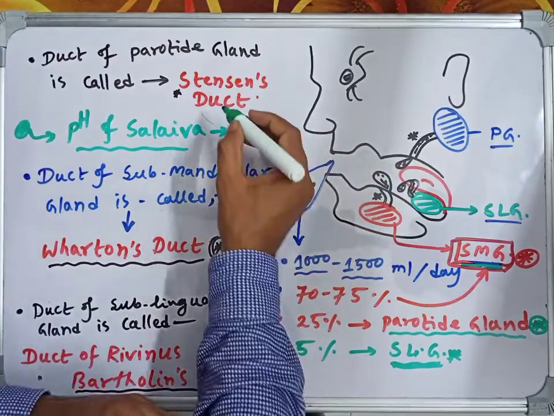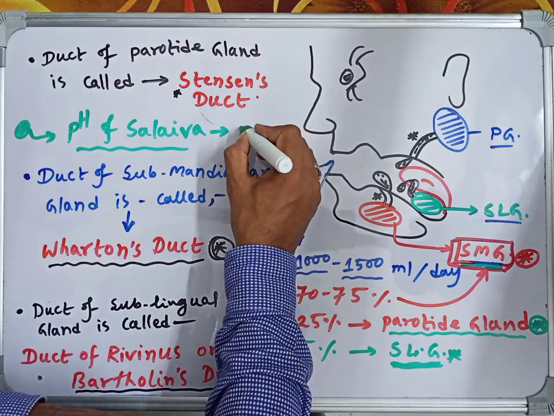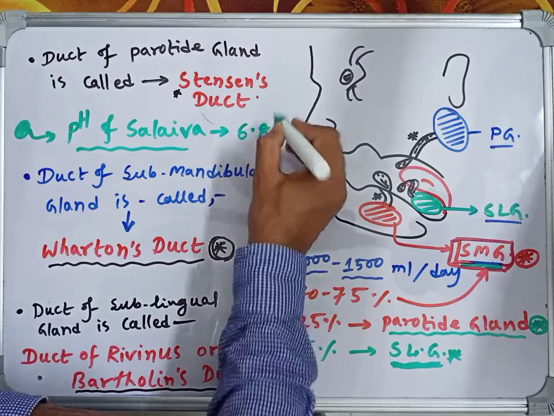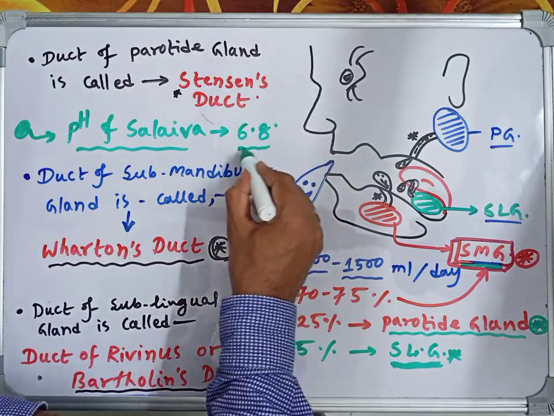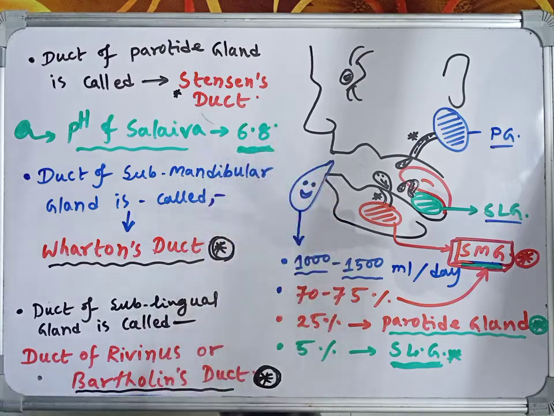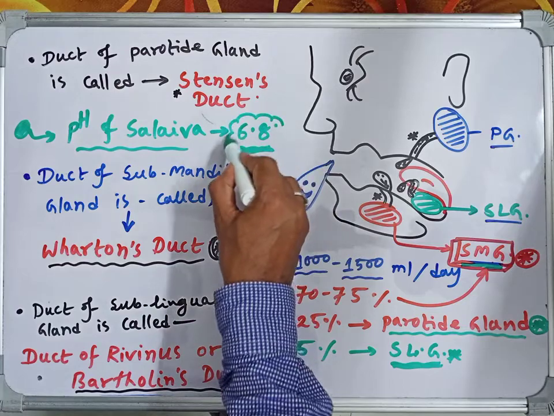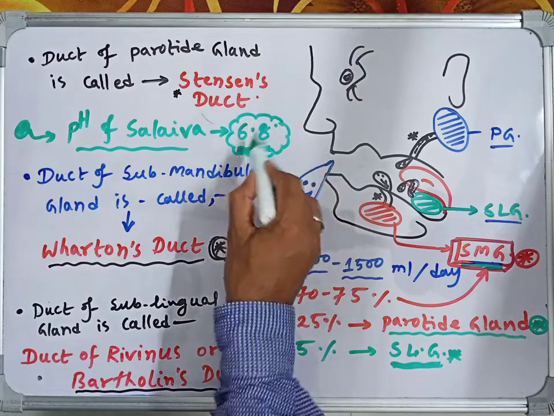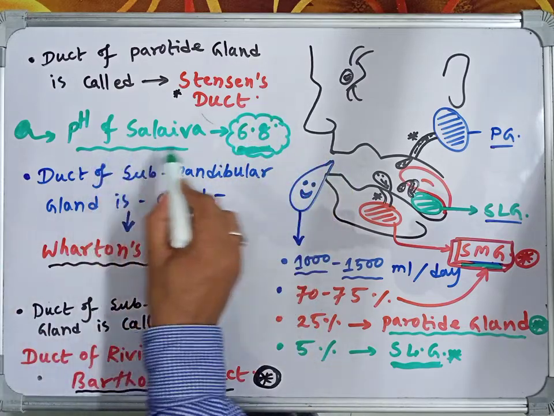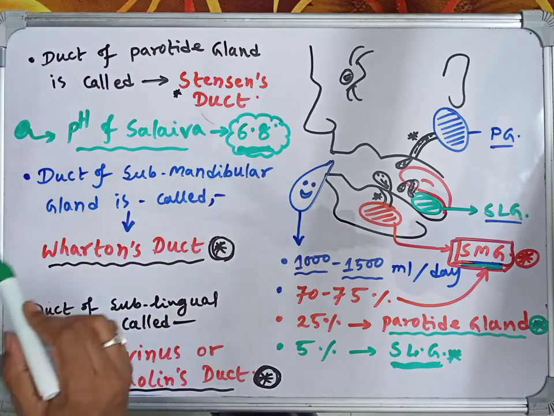So the pH of your saliva is exactly 6.8, right? That means it is slightly acidic. The nature of saliva is actually slightly acidic due to its low pH, right?